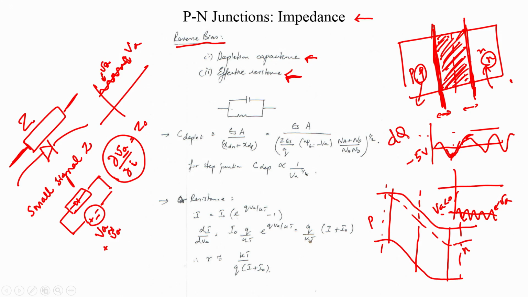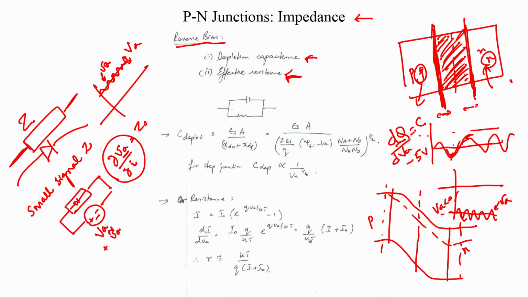And since there is an effective fluctuation in the charge, we can calculate dQ by dVA and say that this is your effective small signal capacitance. So that is what we did in the case of a metal semiconductor junction. So what is dQ by dVA?